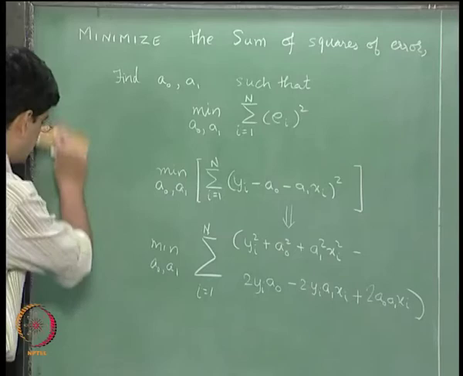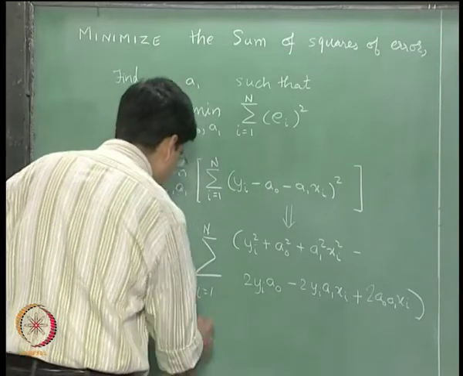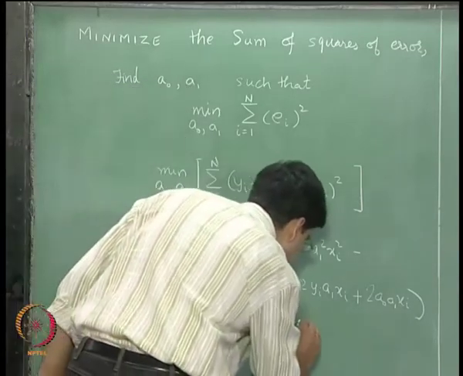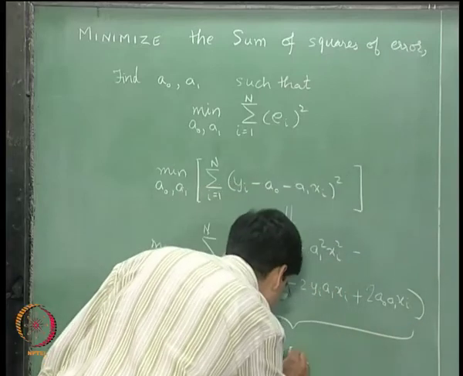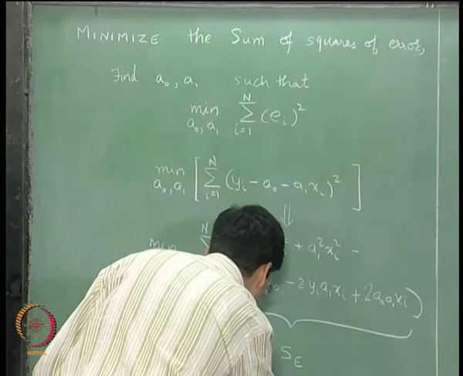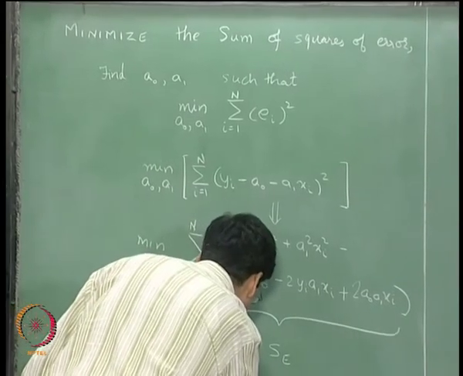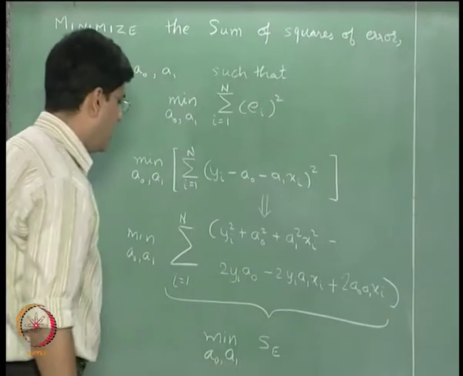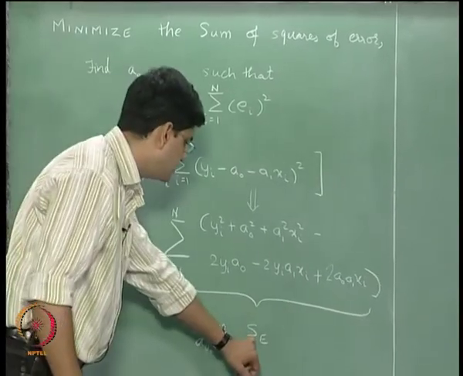Since this is the sum of square of errors, we will write this as SE, and our problem is to find A0 and A1 that are going to minimize SE.